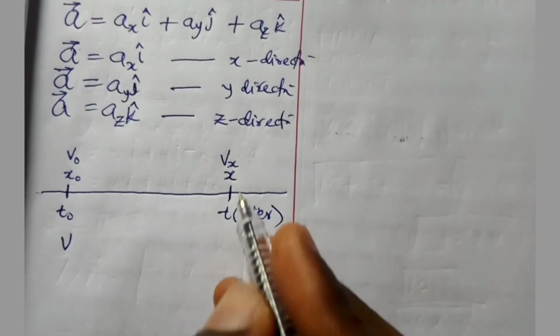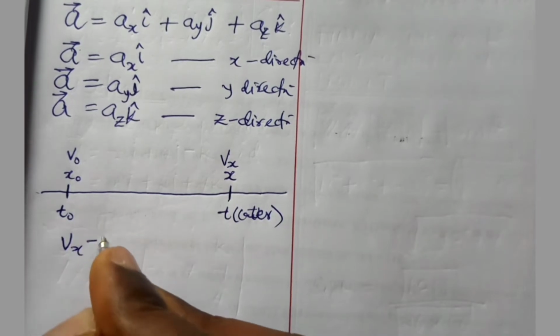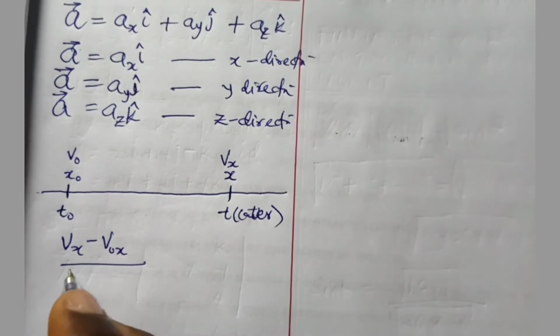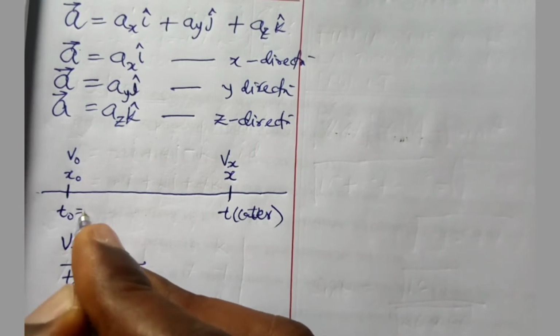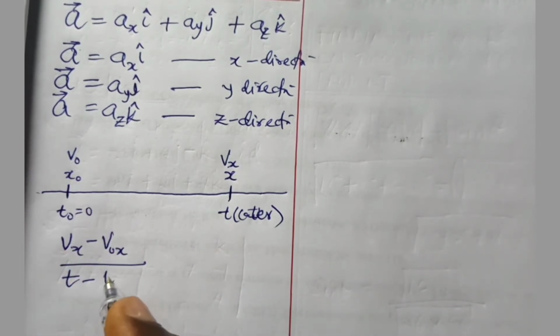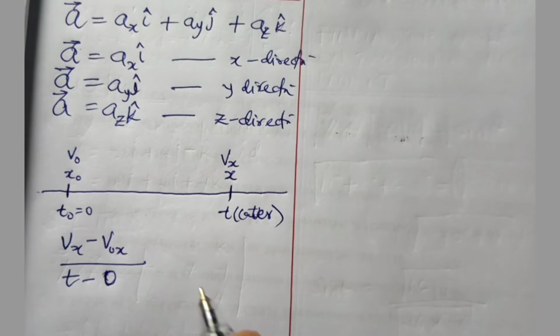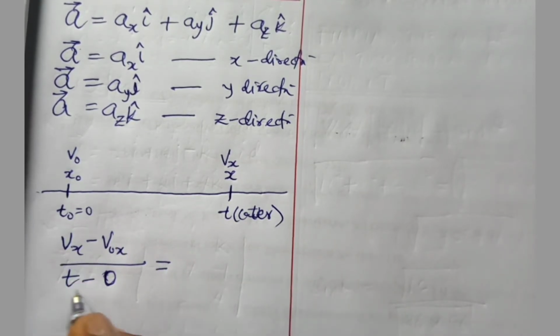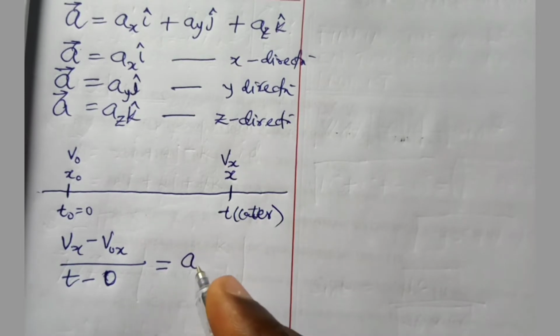Now this means that (vx minus v0x) along the x direction over (t minus 0), taking t0 to be 0, is equal to the change in velocity over the change in time, which is equal to the acceleration.